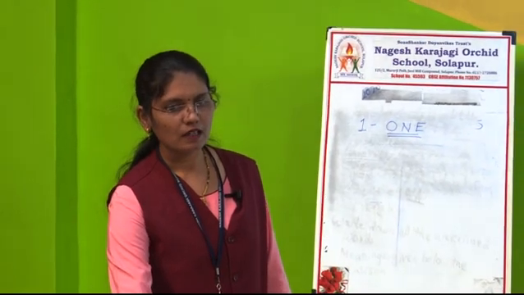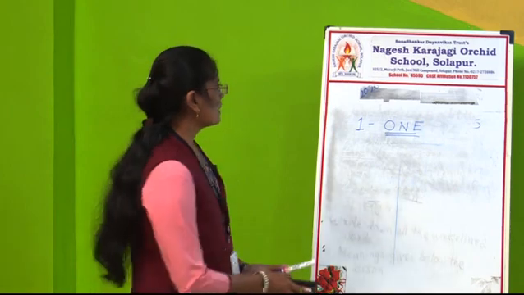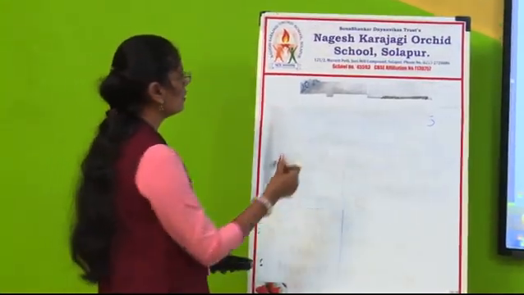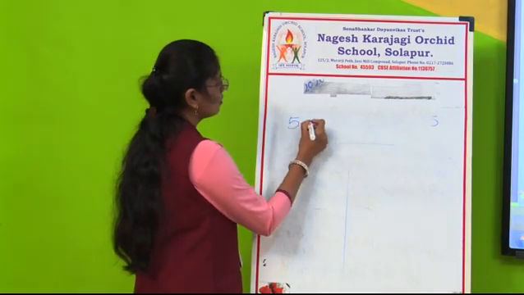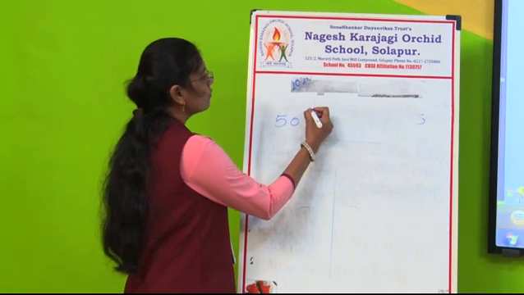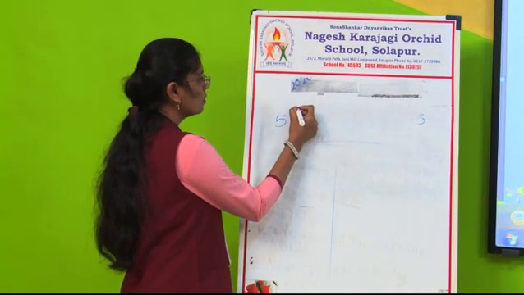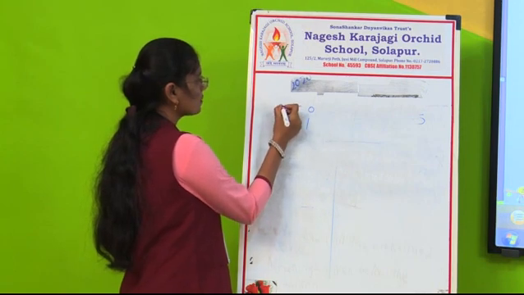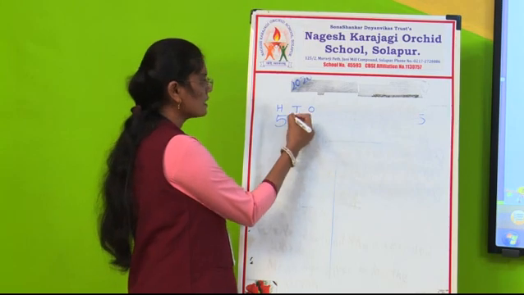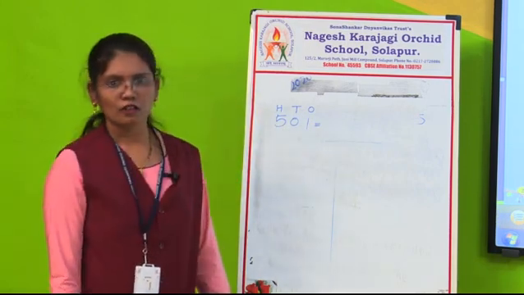Now see the first number, 501. Students, whenever you write or see a number, always at the top of the number we will write the places like this: O, T and H. O stands for ones, T stands for tens and H stands for hundreds.